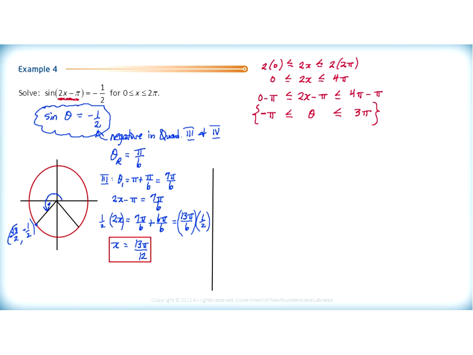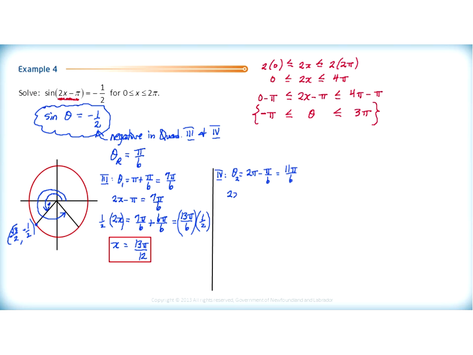So if we continue on into quadrant 4, here we will get the second value for theta will equal 2 pi minus pi/6. 2 pi is the same as 12 pi/6 minus 1 pi/6 is 11 pi/6.